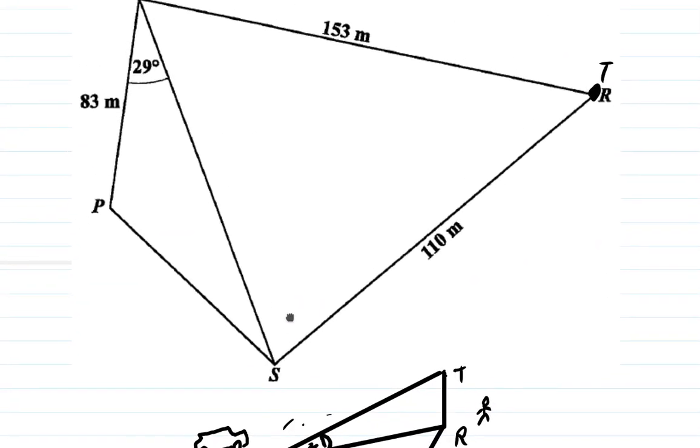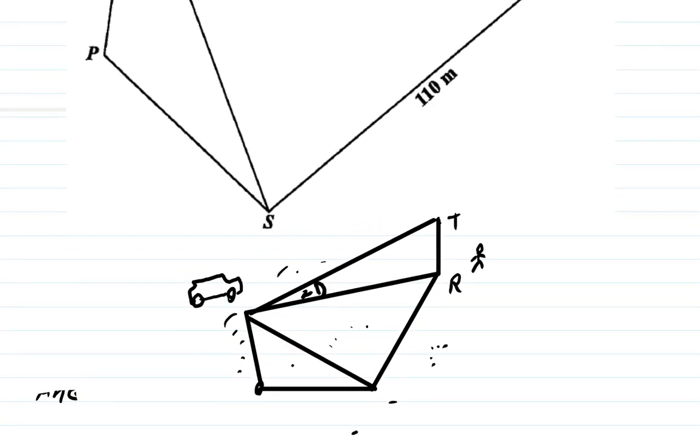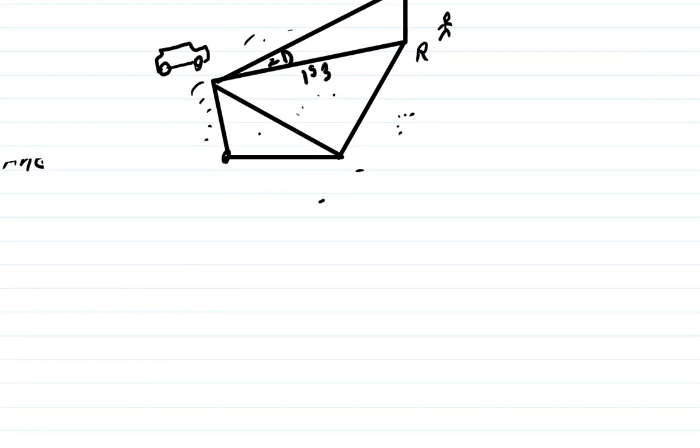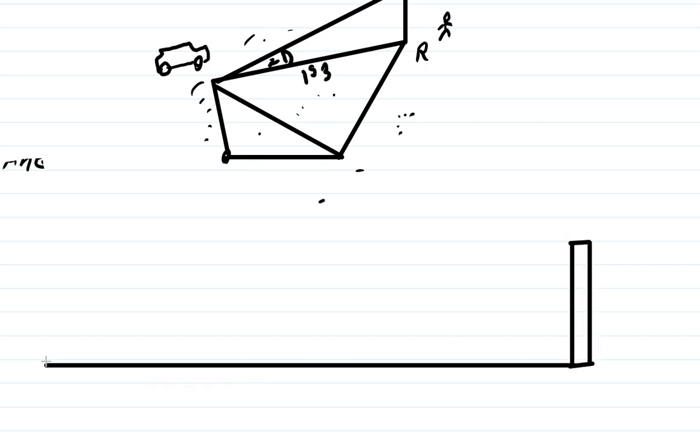This is 153, so this is 153 long. Alright, looking at it sideways now, as if you stoop down on the ground and looking sideways, you'd see the post here. So this is the post. This would be level ground.